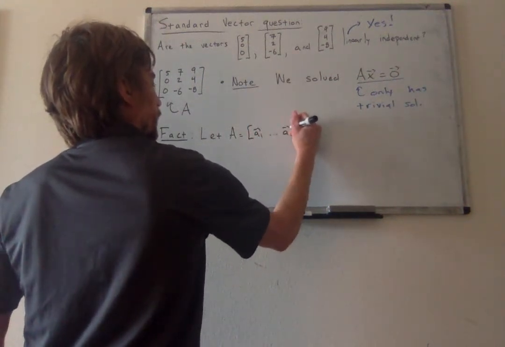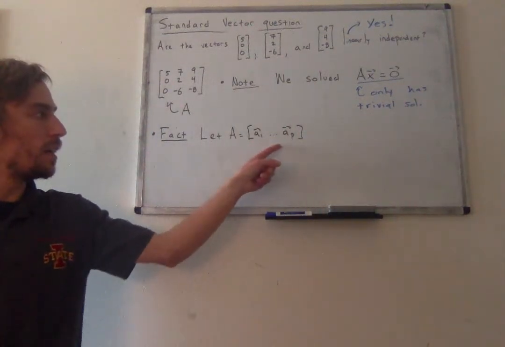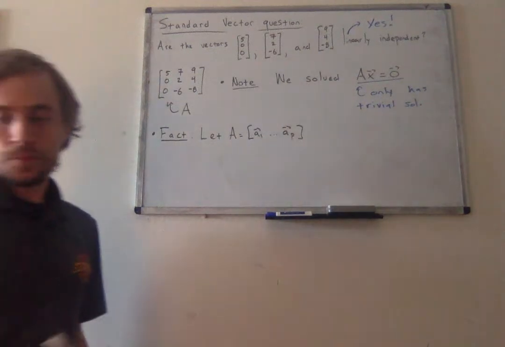So remember, this is a way of defining matrix A based on its columns. So suppose this is our matrix A, and its columns are A1 through AP.